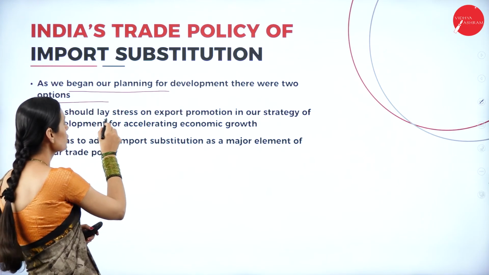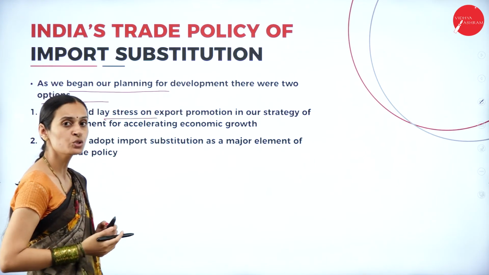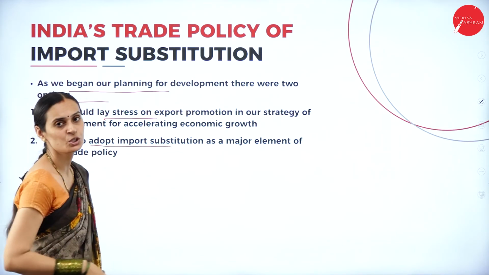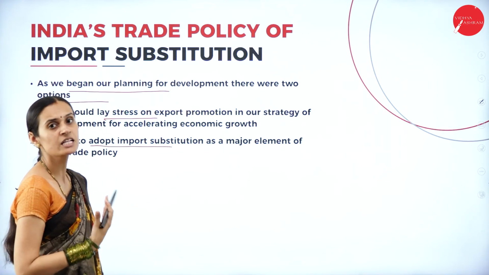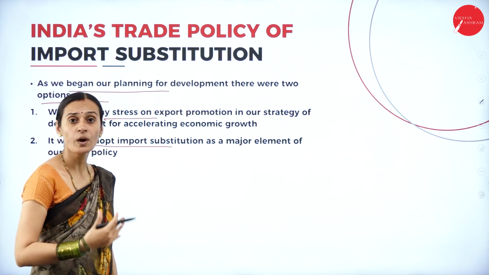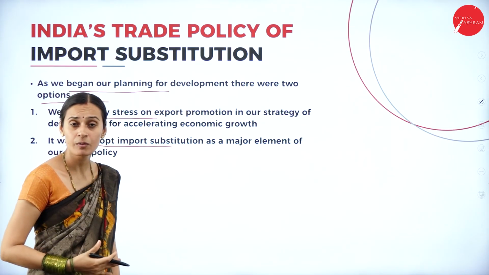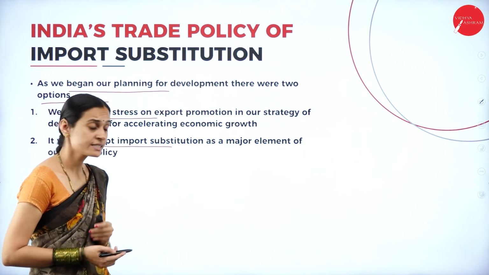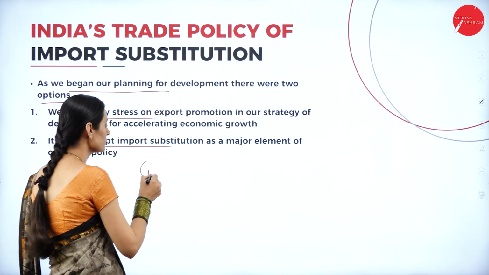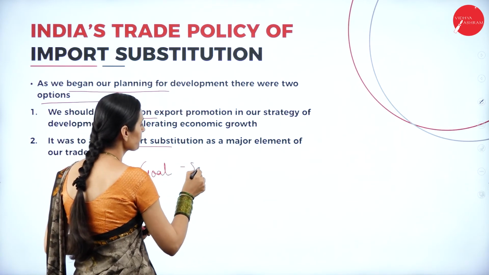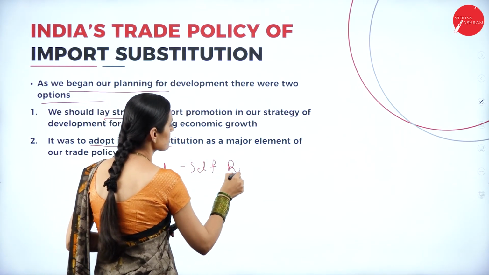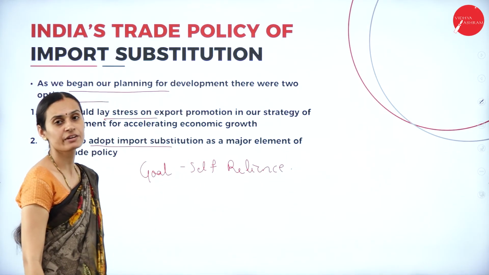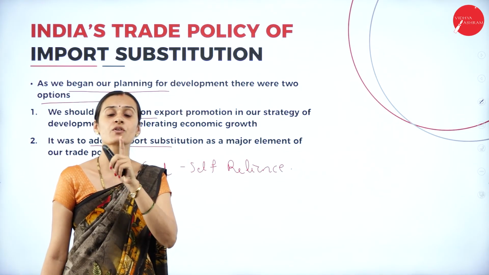One is to lay stress on export promotion in our strategy, and the second is to adopt import substitution. Increasing exported items and decreasing the quantity of imports is possible by producing import substitute items. So that is considered the goal of self-reliance.